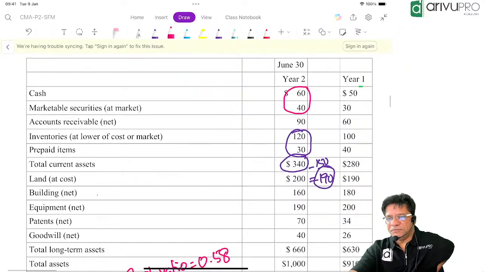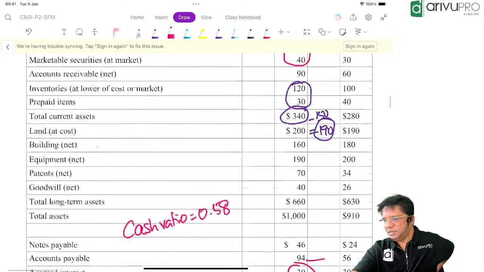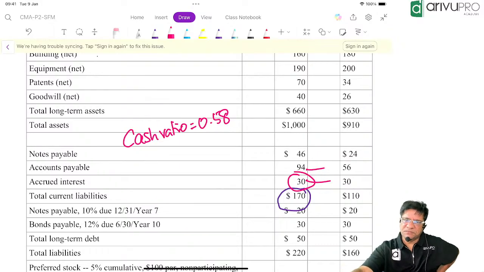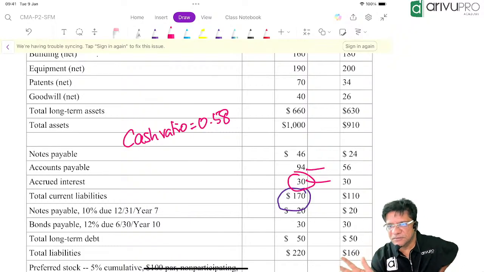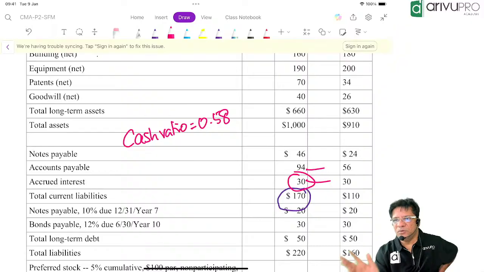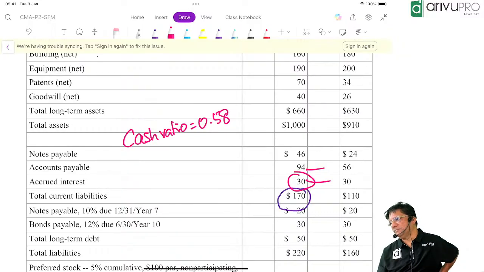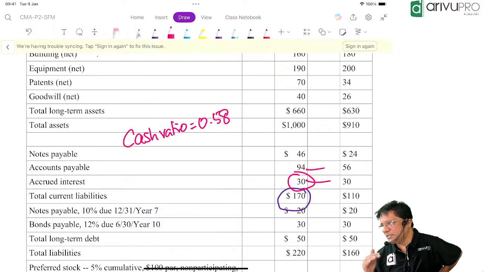Now, how much is left? 30 plus 40, 70. And 30 is common. If vendors come to you, again, same problem. Cash ratio shows an emergency situation. How to handle emergency? Too low a cash ratio means it's a big problem. Your entire operations will come to a standstill.